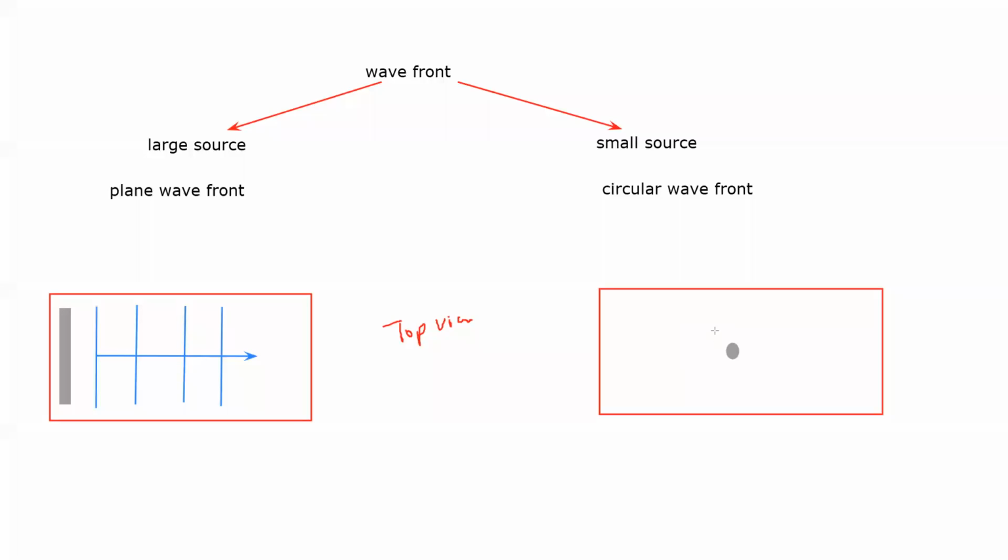The wavefronts will be spherical or circular, and it shows the wave is actually traveling in all directions from the source. But here the wave is actually traveling in a particular direction.